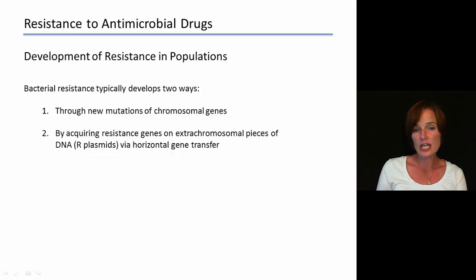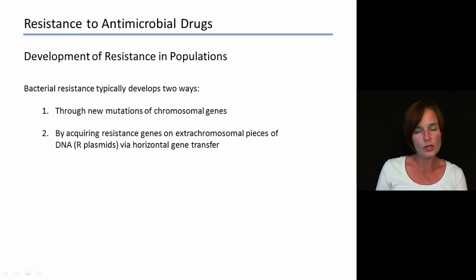Basically, we can have new mutations of chromosomal genes, and then the second way is that bacterial cells can acquire resistance genes or that information from other cells. So they can get DNA from horizontal gene transfer. So that would be by conjugation, transduction, transformation.